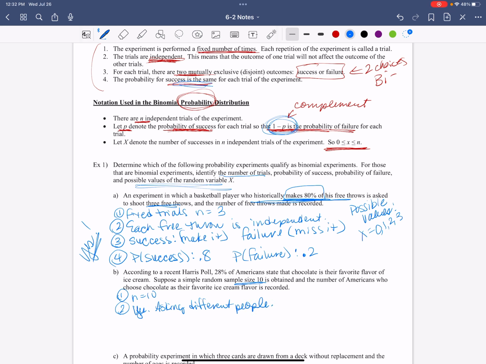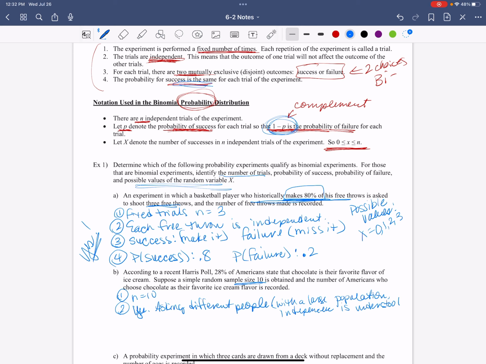And here's the deal. With a large population, independence is understood. So let's just put that in here. With a large population, independence is understood.